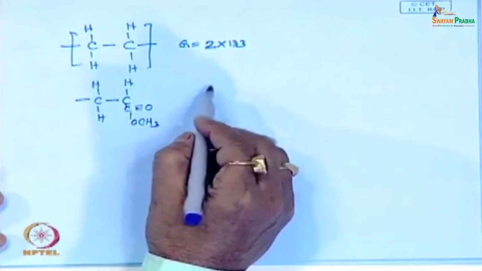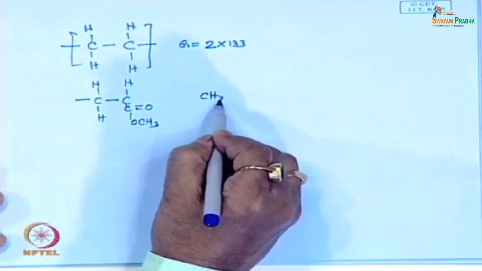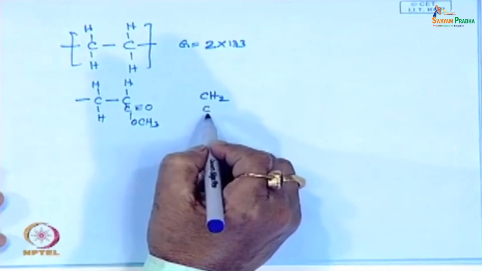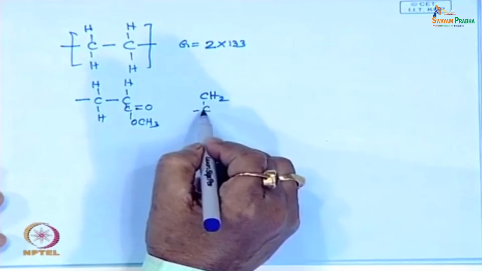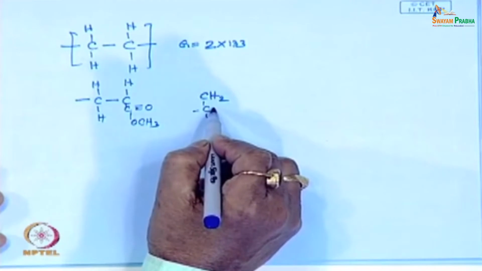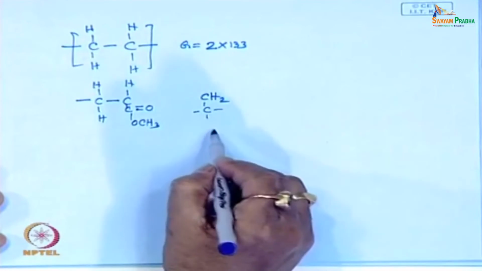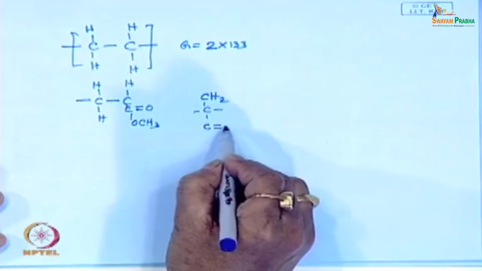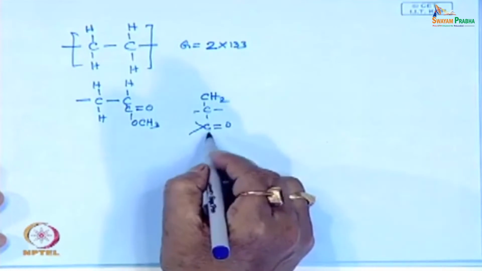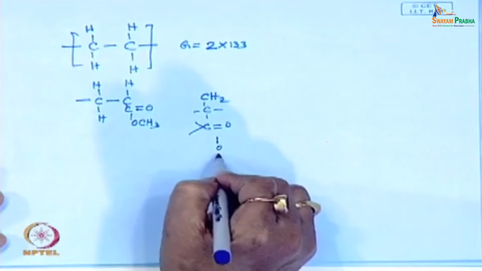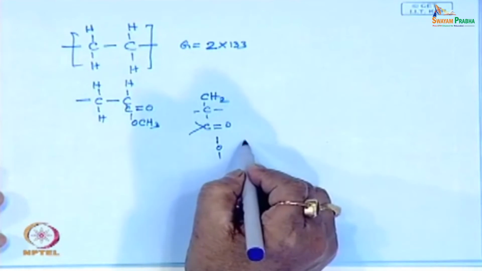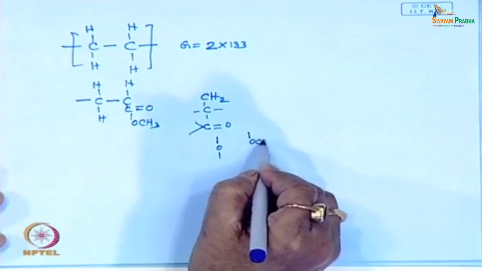Here you have to take the contribution from CH2, the contribution from CH, the contribution from this, the contribution from oxygen, or the contribution from OCH3.